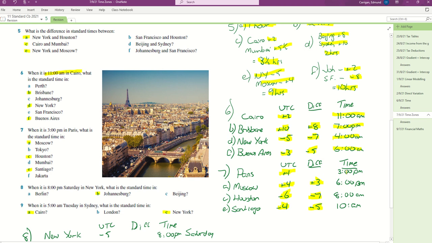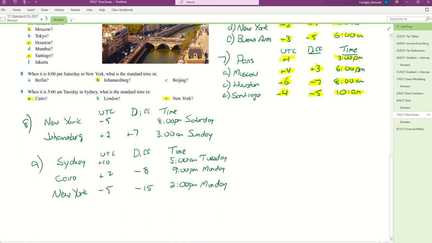So looking at 3 p.m. in Paris, Moscow is 3 hours ahead of 3 p.m., 6 p.m. Houston is 7 hours behind 3 p.m. Take away 3 to get you to 12, then you've got an extra 4, take away 4, 8 a.m. Similarly, Santiago, 3 p.m., take away 3 to get to 12, take away another 2, gets you to 10 a.m.